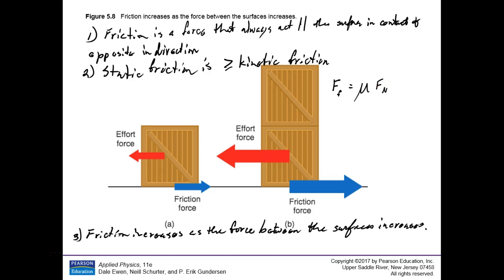So remember I said it's related to the normal force. The greater the force that the surface is having to push up on the object, the greater the friction. So the frictional force is the coefficient of friction times the normal force.